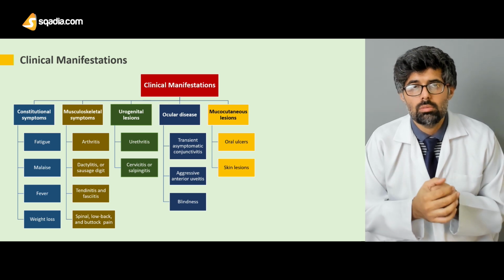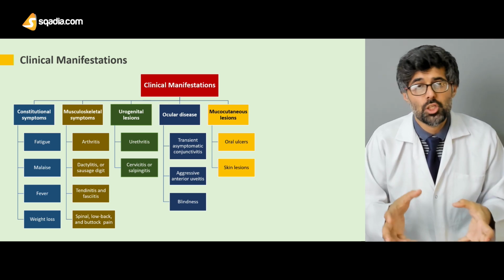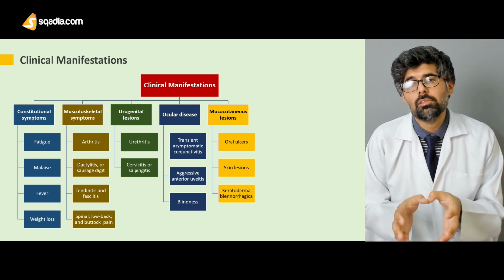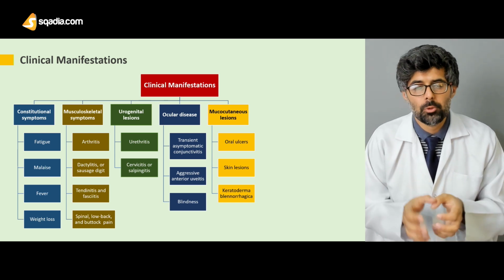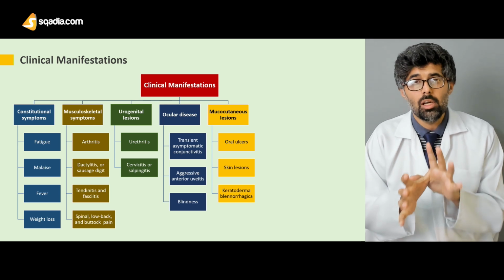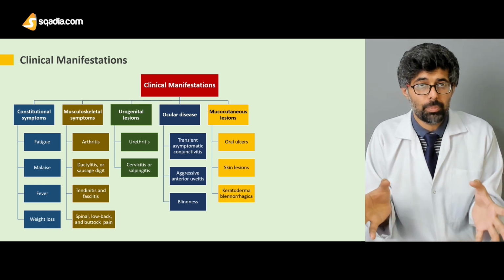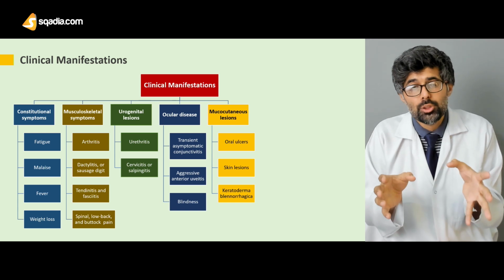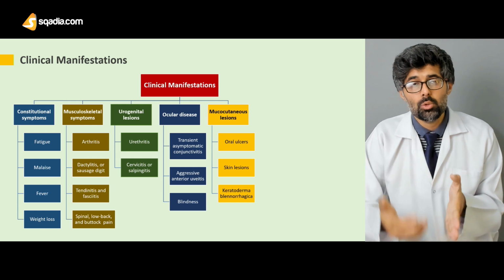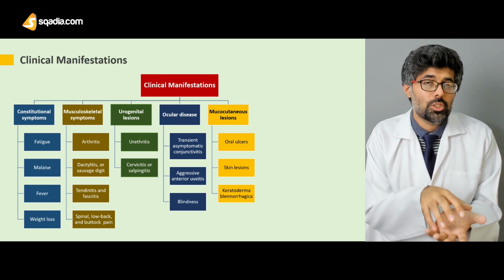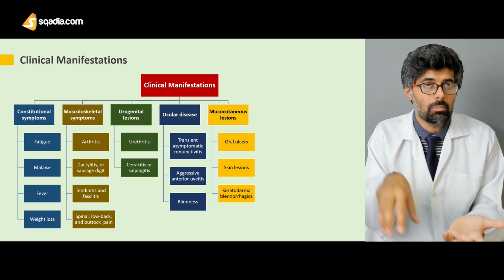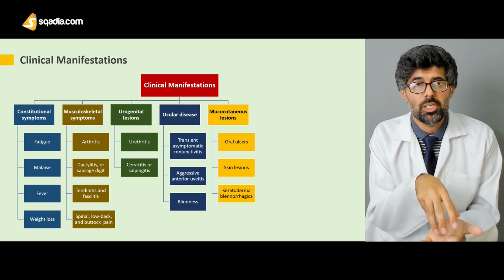Now, they can also result in skin lesions, which again is very rare. It can result in a specific condition known as keratoderma blennorrhagicum. Now, keratoderma blennorrhagicum is a condition where pustules start to appear on the skin, and these pustules then start to crust. And when they start to crust, a typical picture of a crusted boil is presented on the patient.